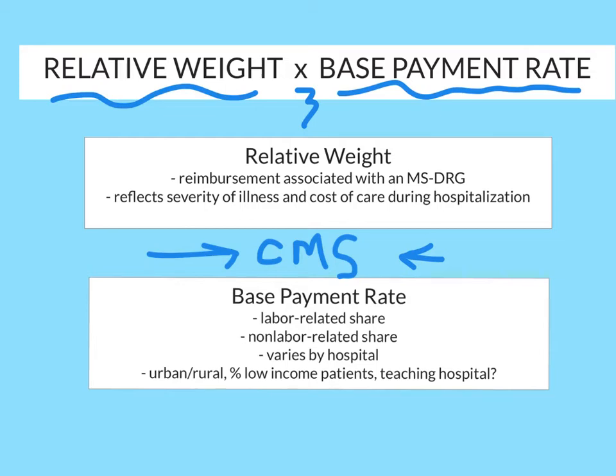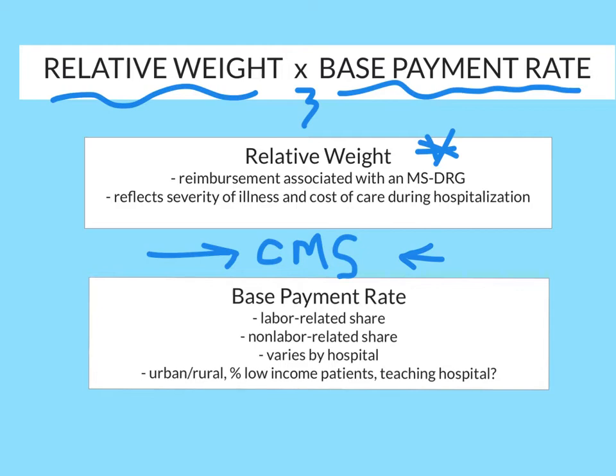The relative weight is determined every year for each DRG and determines the reimbursement associated with each particular DRG. It reflects the severity of illness and the cost of care during hospitalization.